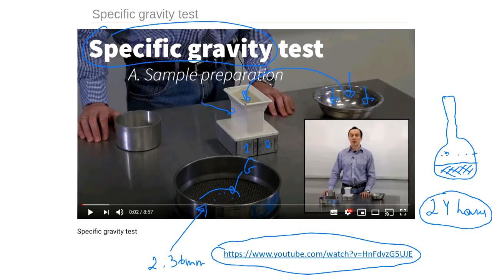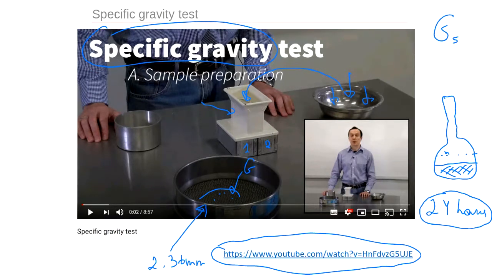Relative density shows you, for sand or gravel, how loose the structure is. But for specific gravity, we use a letter G with a small s. Anybody remembers the definition? What does it show? Why do we put soil inside the water for this test?